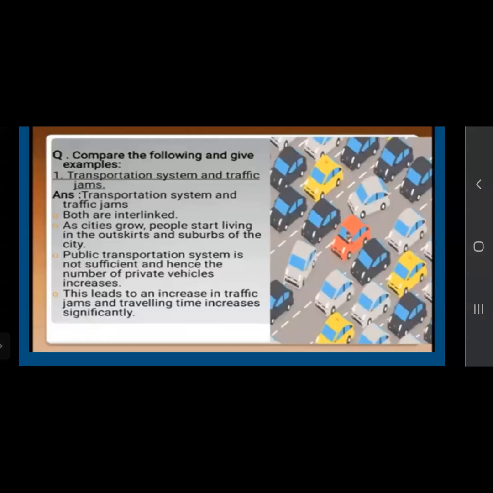This leads to an increase in traffic jams, and traveling time increases significantly. The duration that was previously required has now increased because of traffic jam.